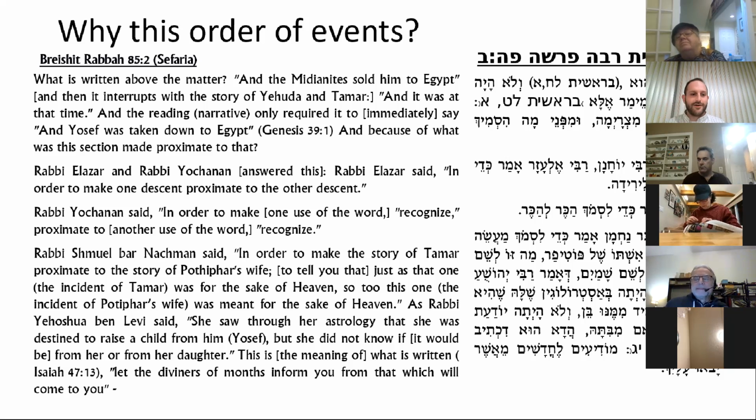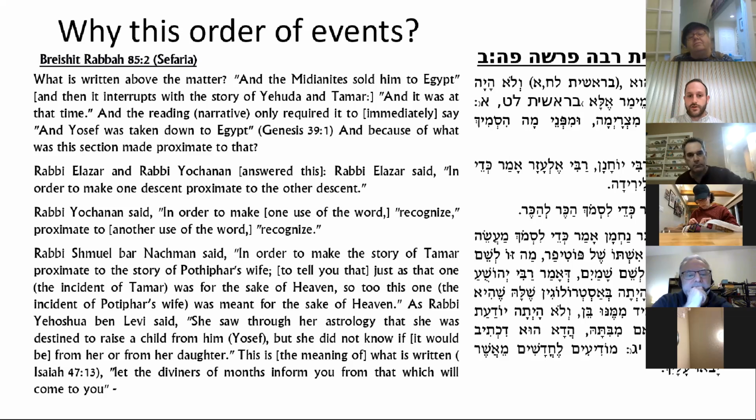Okay, so now let's get to the third option. Both Rabbi Elazar and Rabbi Yochanan are comparing what happens with Yosef to the previous Yehuda. Why is Yehuda being inserted here? It is to compare Yehuda's story with part of the previous chapter.